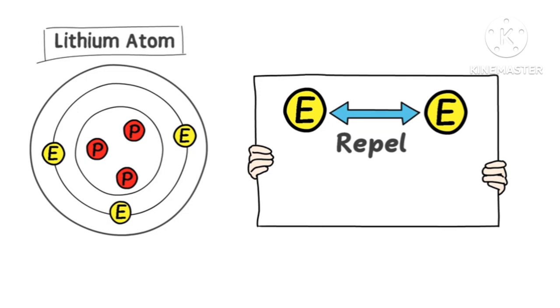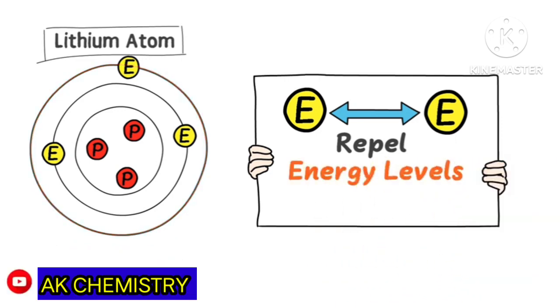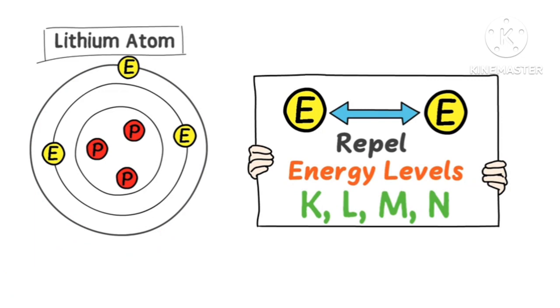First shell can hold only 2 electrons. Thus, this electron will jump into the second shell. Second shell or second energy level is bigger than the first shell and can accommodate up to 8 electrons. Also, we know that there are different energy levels like K, L, M and N. So in this way, repulsion among negative charges is minimized.